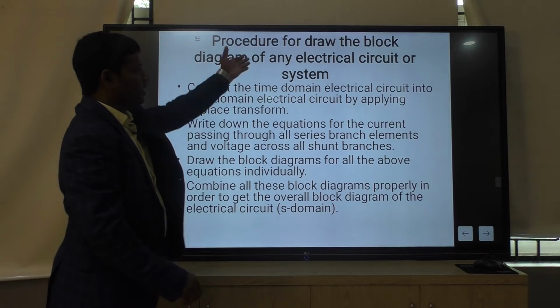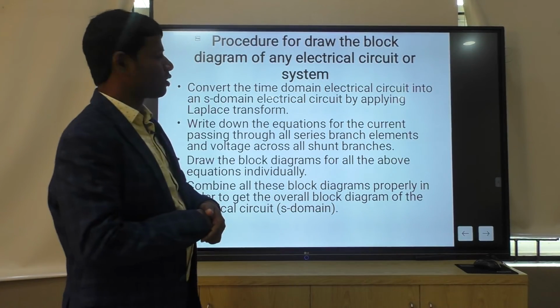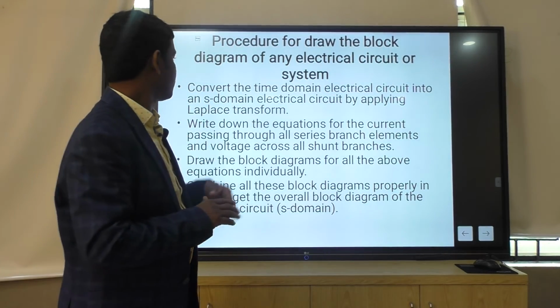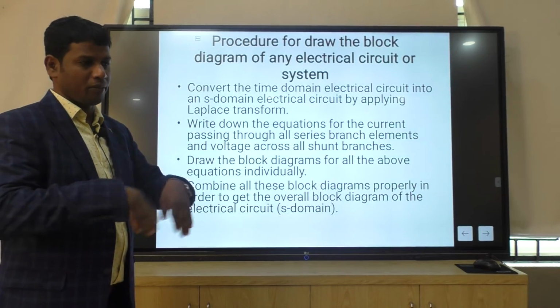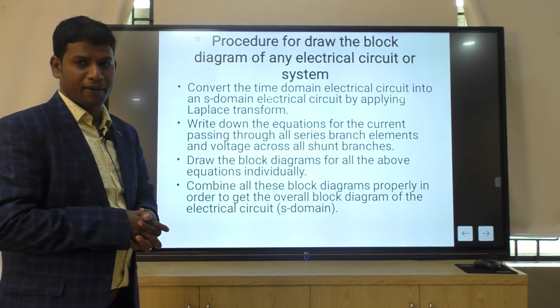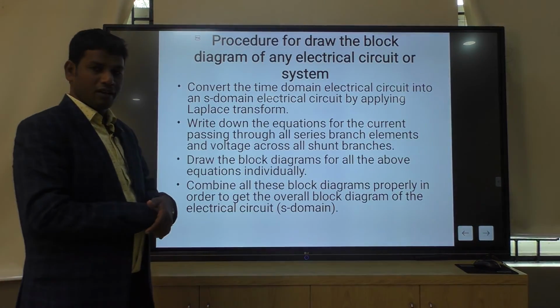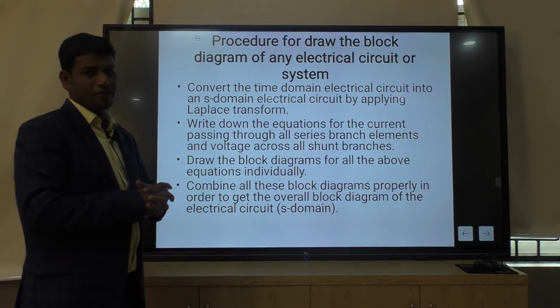So what is the final procedure to draw a block diagram from an electrical circuit? Number one, convert the electrical circuit in time domain form into S domain form by using Laplace transformation. Then write down the equations of the current passing through all the series branches or the voltage in shunt branches.